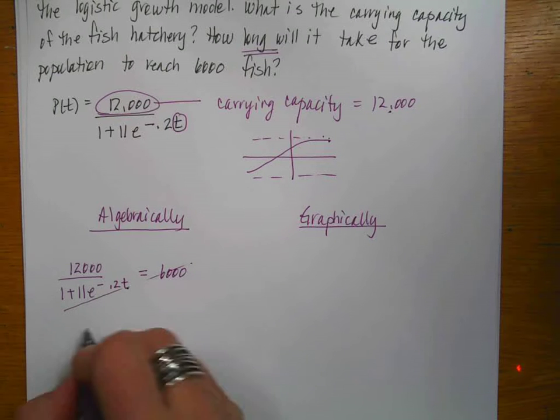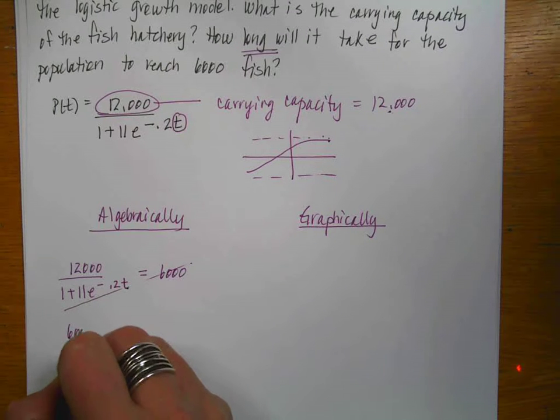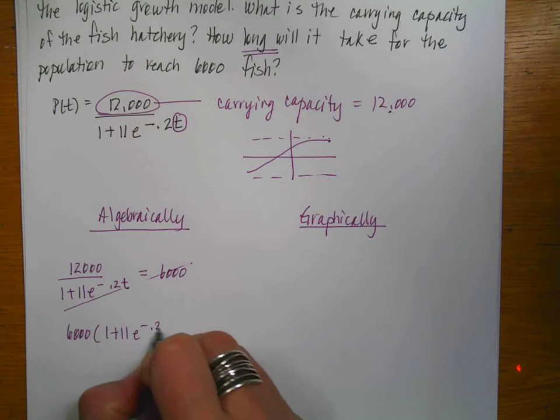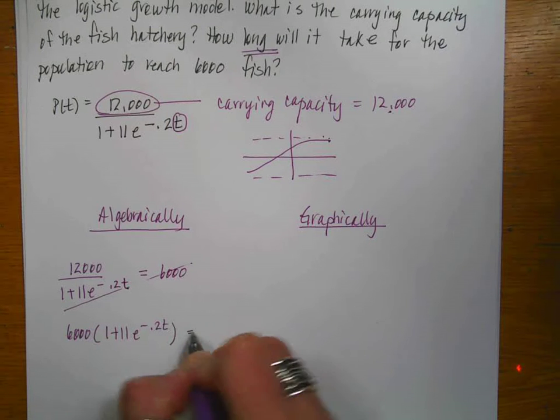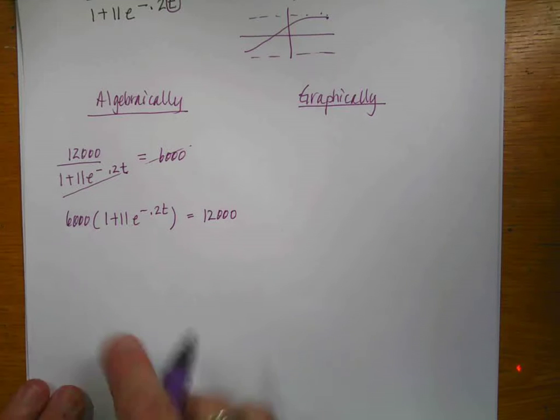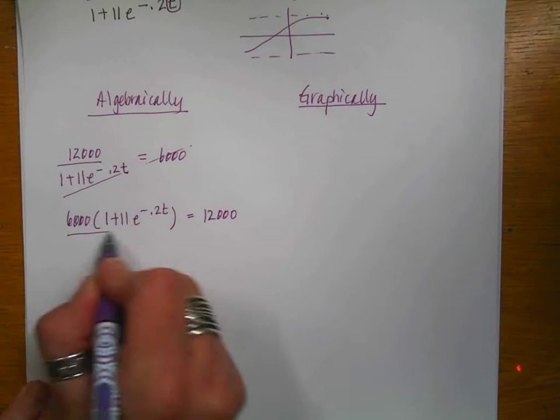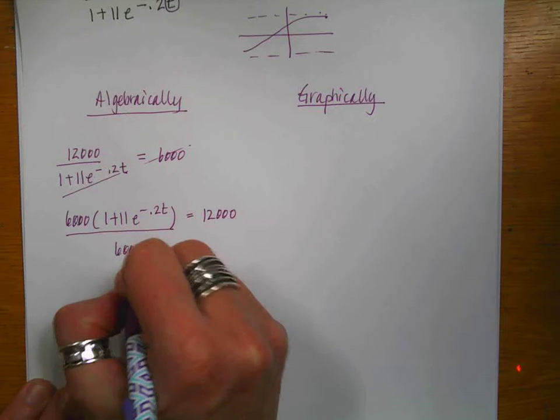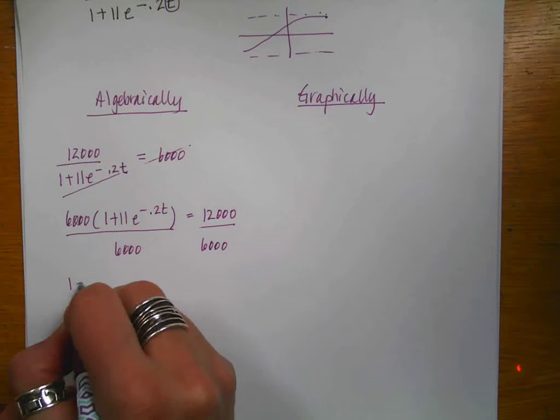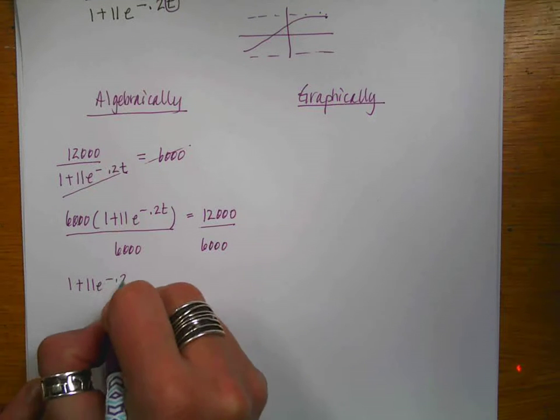So the first thing that we're going to do is cross multiply, but we're not going to distribute. So I'm going to get 6,000 times (1 plus 11e^(-0.2t)) is equal to 12,000. The next thing that I'm going to do is divide both sides by the 6,000 because I need to isolate my t.